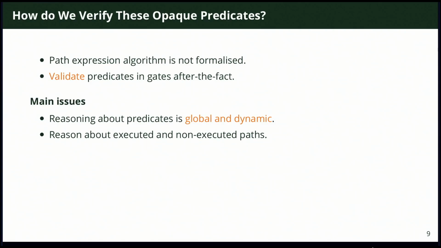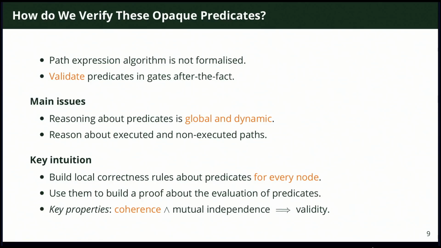And so we have to reason about the one path we execute, but also a bunch of paths we never touch, and prove that those will mean that predicates evaluate to false, for example, for all the other registers we don't want to pick. The key idea for how we can solve this is by using small local correctness rules about predicates for every node in the graph, so not just for gamma nodes.